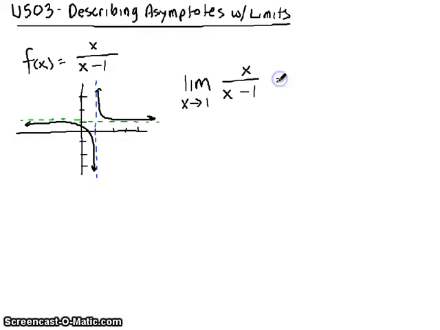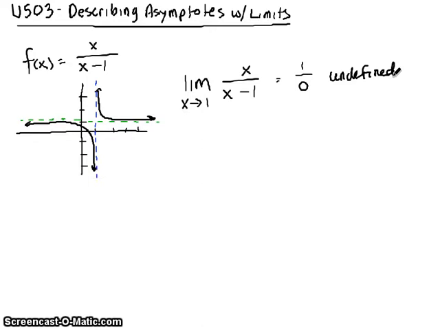If we do that, we're going to get 1 over 0, which we know is going to be undefined. And this is supported by looking at the graph. You can see that as you come in from the left-hand side, your graph is going down to negative infinity. As you come in from the right-hand side, your graph's going up to positive infinity. You're not actually going to a y value. So our limit is going to be undefined.